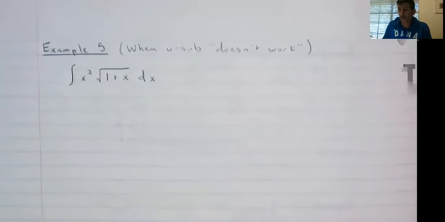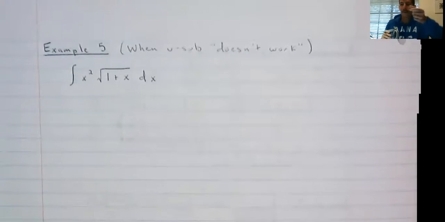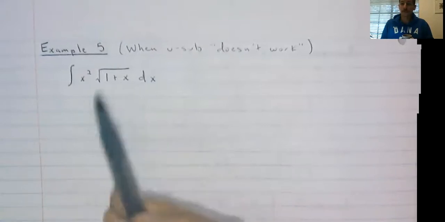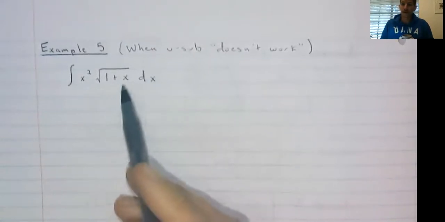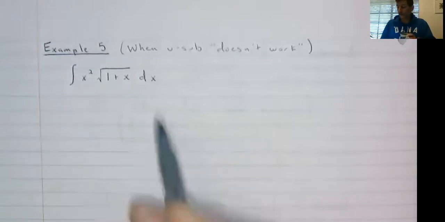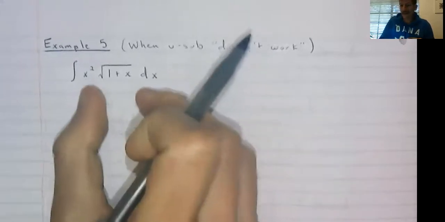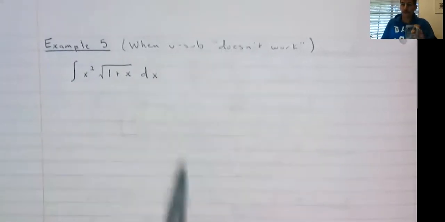And if we're following the general strategy that I've been telling you, we should usually choose u to be the innermost part, okay? Because with u-sub, there's almost always going to be some sort of composite situation going on. And so we're going to go into the innermost function and call that our u. So in this case, the innermost function will be 1 plus x, because it's encased in this outer square root function.